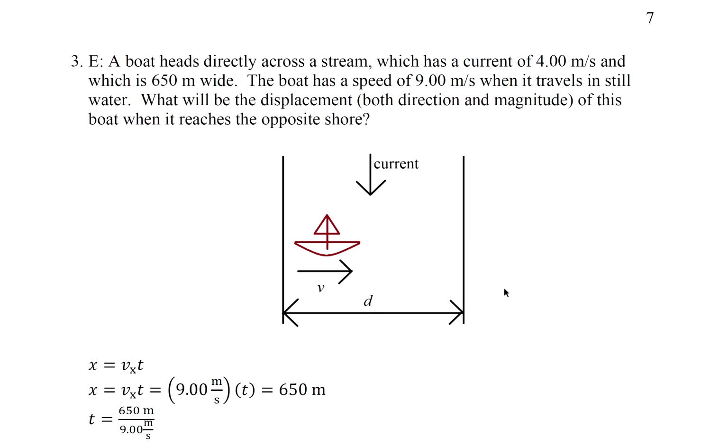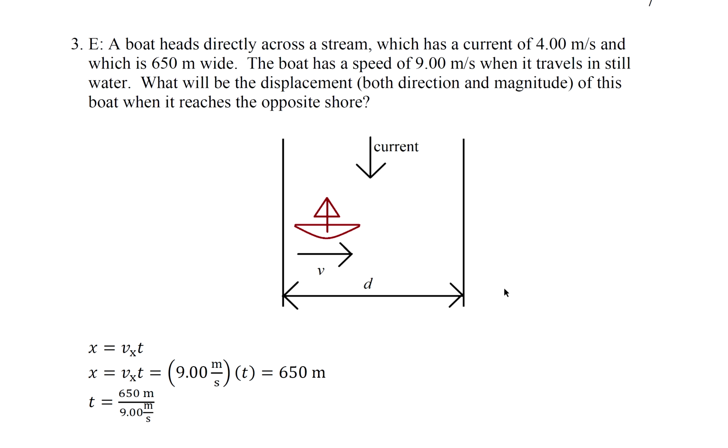Question 3. A boat heads directly across a stream which has a current of 4 meters per second and which is 650 meters wide. The boat has a speed of 9 meters per second when it travels in still water. What will be the displacement of this boat when it reaches the opposite shore? So look at the image. First solve for the total time it takes to cross the river.